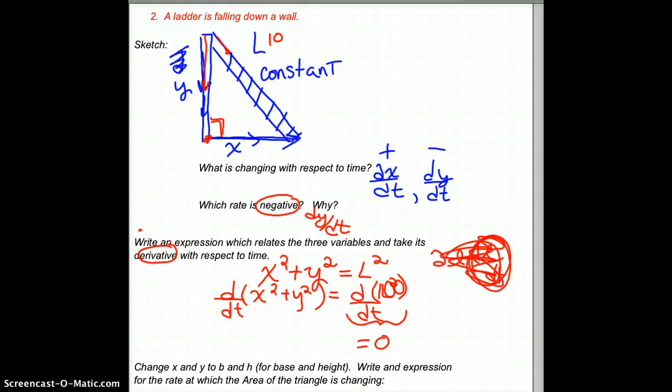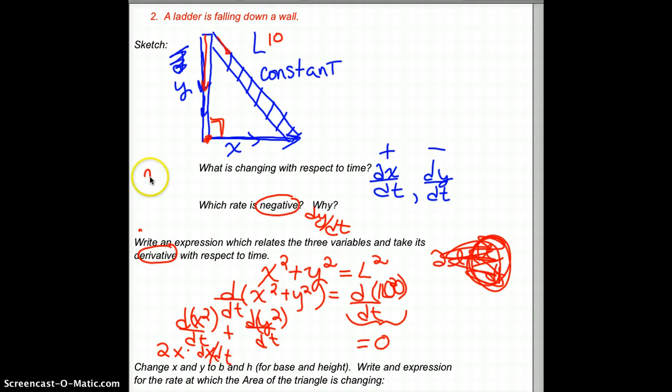And then on the right-hand side, I'd have the derivative of x squared with respect to time, plus the derivative of y squared with respect to time. And again, I don't have a variable match, so I've got a chain rule reaction going on. The derivative of x squared with respect to x is twice x, but then I have to do dx/dt.